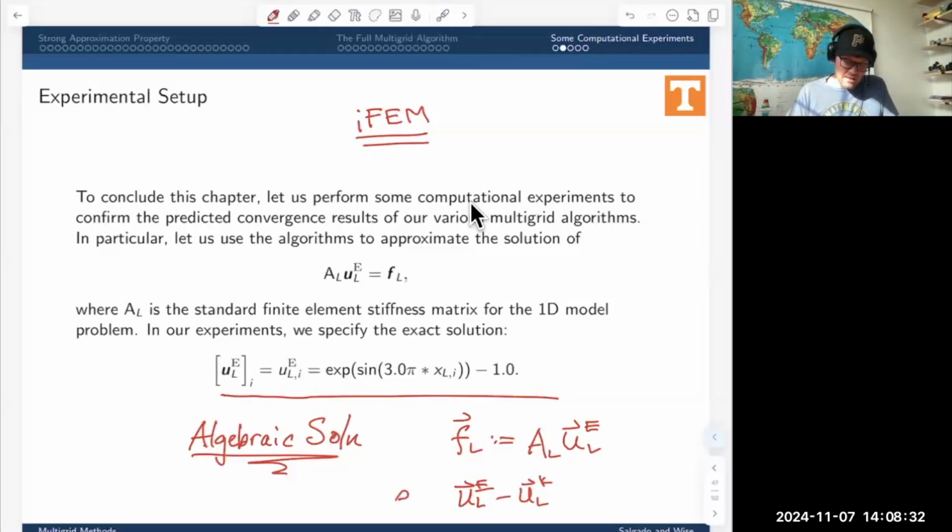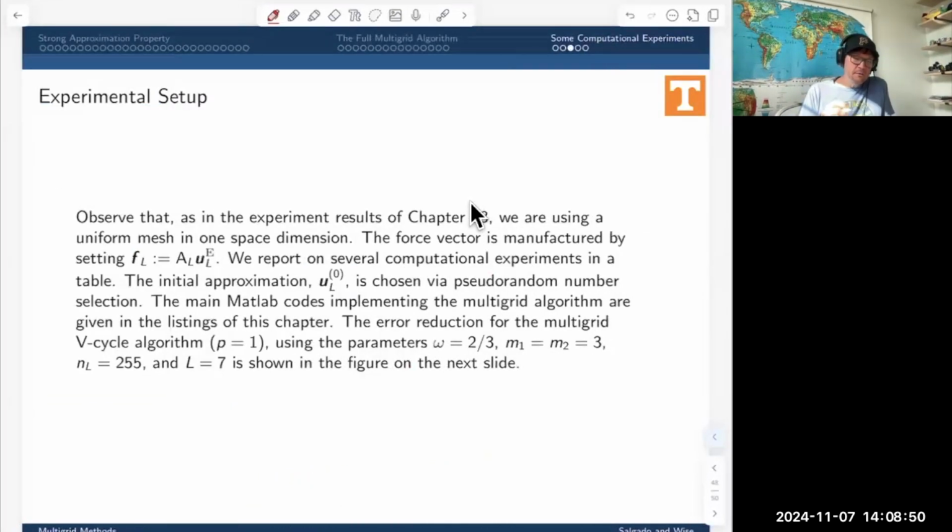That'll give us the error at level k. And then we can, of course, compute some norm of that guy, and see how fast this goes to 0 as k goes to infinity. Okay, so that's what we're going to do, which is explained here in the lecture notes in the book in some detail.